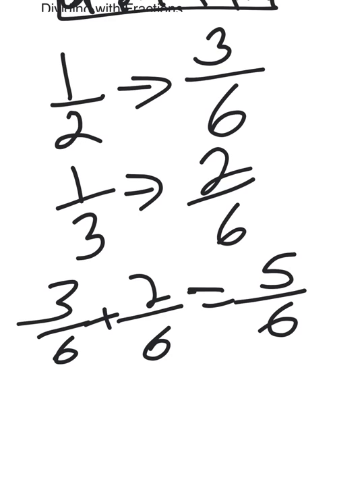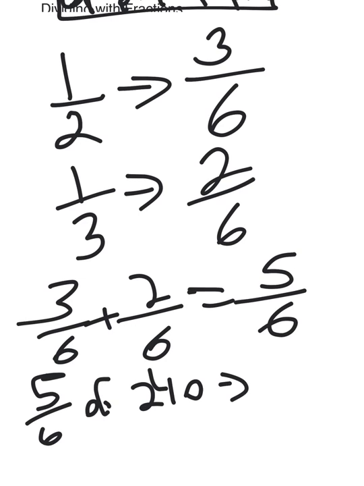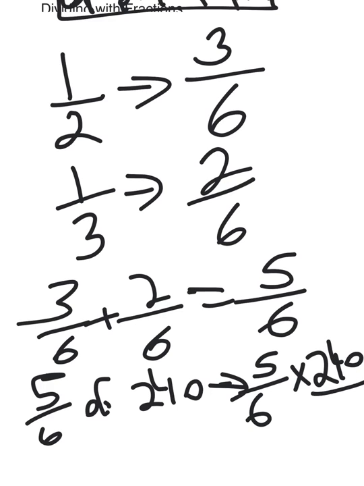Now we know the total number of fruits. It's 240 pieces of fruit. So if I ask you, what is 5/6 of 240? What is your operation going to be? It's going to be multiplication. You're going to do 5/6 times 240. And how do you do that? 5 over 6 times 240 over 1.